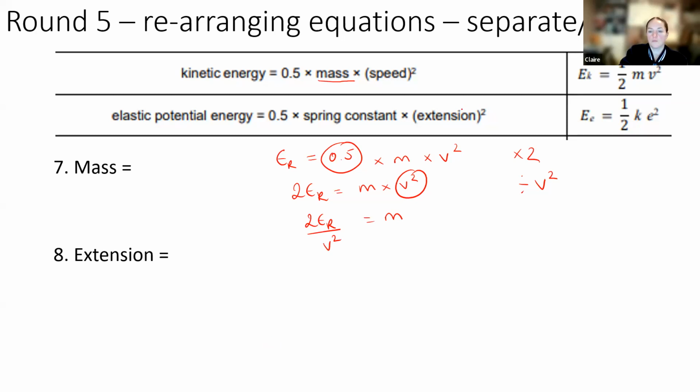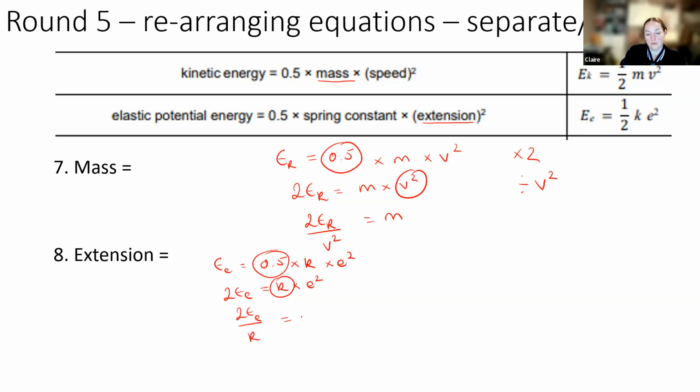The extension one, so that's this one here. If I start over here, that's your elastic energy equals 0.5 times your spring constant times extension squared. Again, start with this one, so you end up with 2 lots of the elastic energy equals your spring constant times your extension squared. Then we need to get rid of the spring constant, so we divide both sides by that.